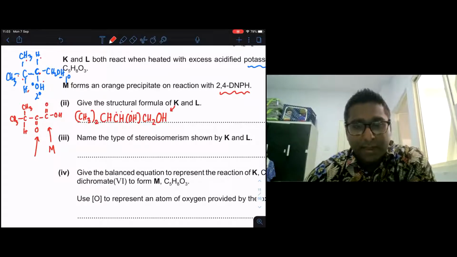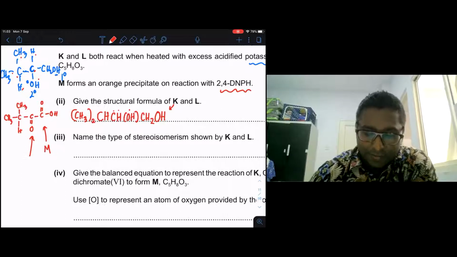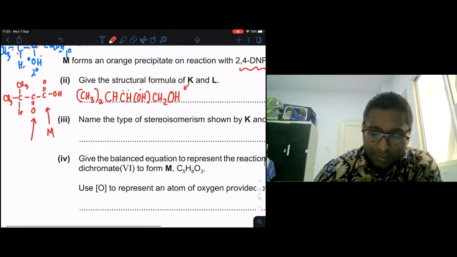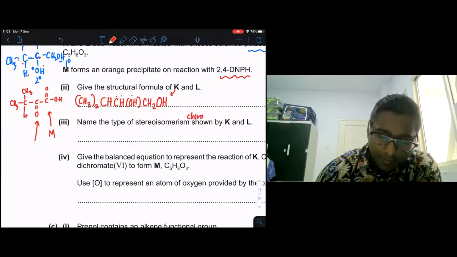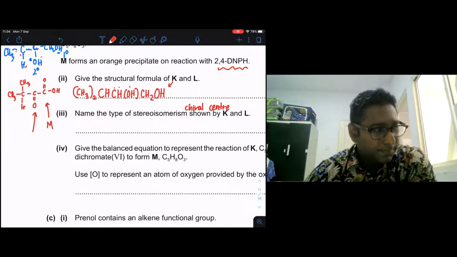Name the type of stereoisomerism shown by K and L. Just now we have identified the type. Nicole, Trisha, what is the type of isomerism that is shown by K and L because of the presence of a chiral center? Nicole? Yes, sir. What type of isomerism are we talking about?